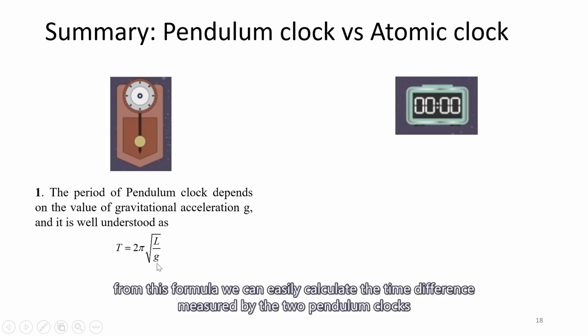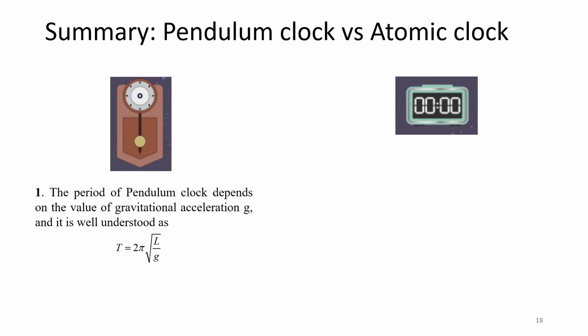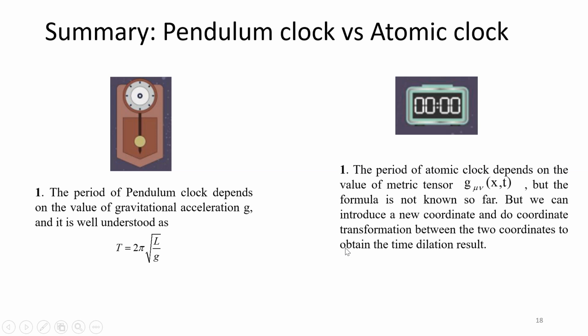And from this formula, we can easily calculate the time difference measured by two pendulum clocks on two planets with different gravitational accelerations. And the period of an atomic clock depends on the value of the metric tensor, g_μν. But the formula is not known so far. We don't have such a formula for the atomic clock.